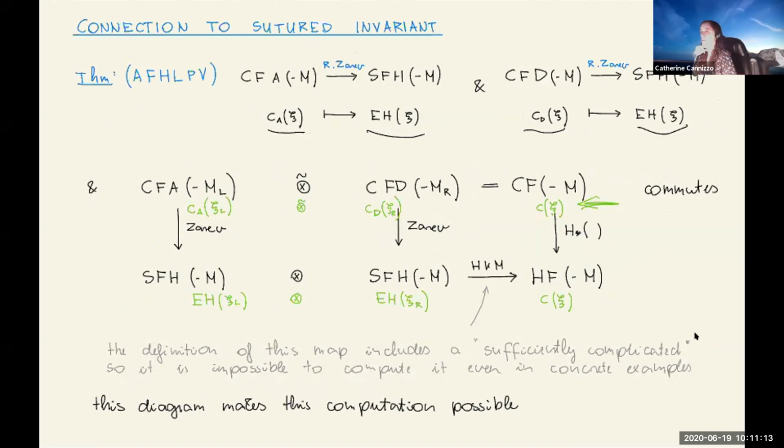Could you say a bit more about what the sufficiently complicated part is and how your work allows you to do concrete computations? I mean, my work allows complete computations as long as you can do any type of computations in bordered. And then it's sufficiently complicated somehow.